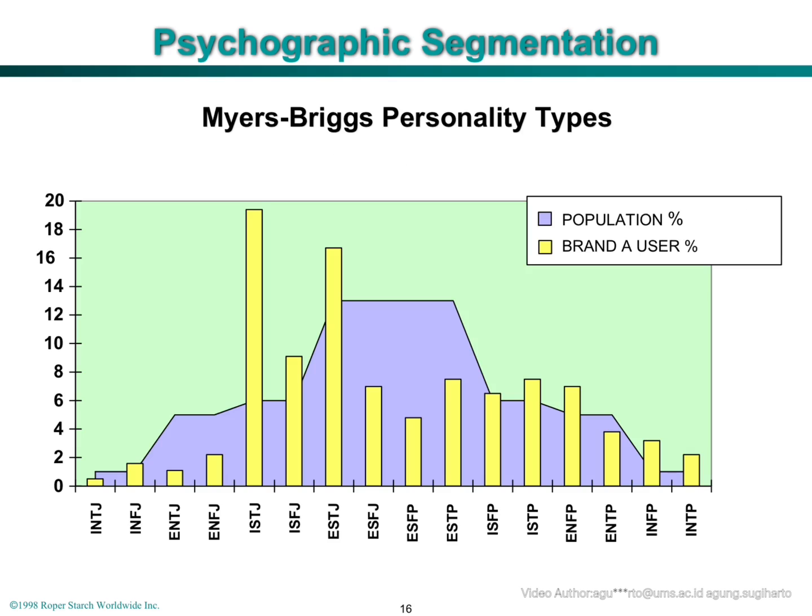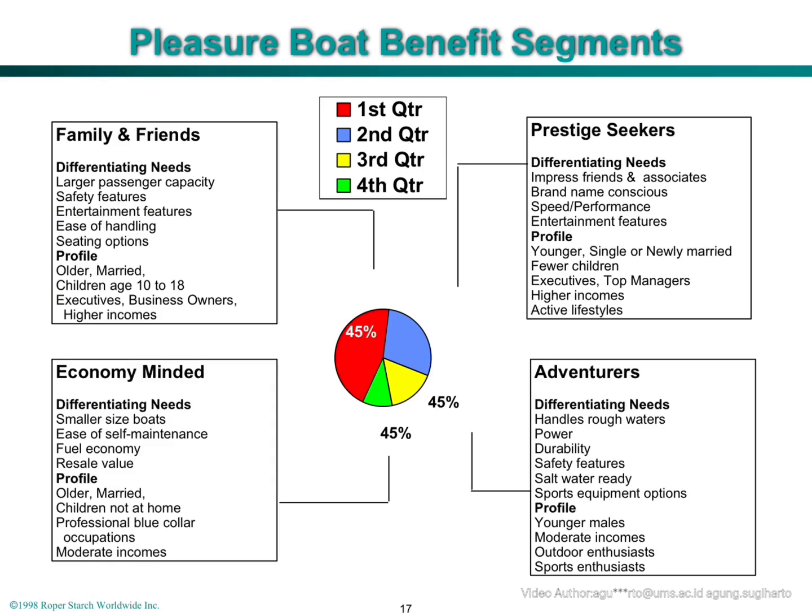Okay, and we have here the pressure food benefit segment. Yeah, we can discuss this topic about pressure food. How about the pressure food? Pressure food is the food for pressure use, not for business.